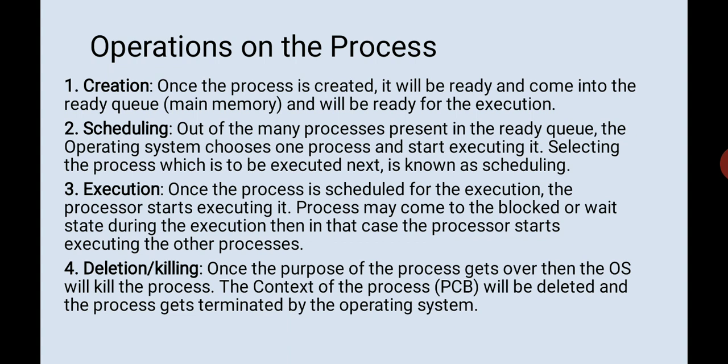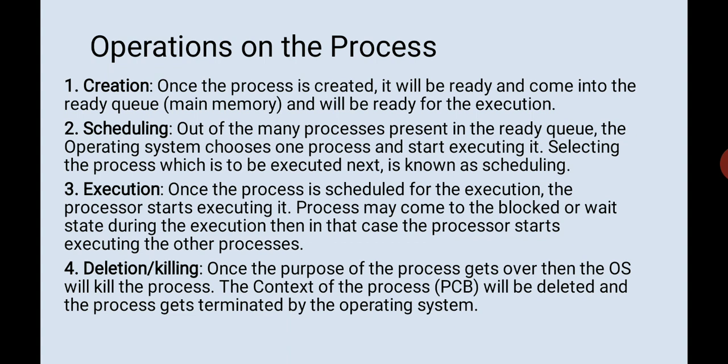Now we see what the operations are. The process was created. Scheduling is when the scheduler selects whose turn it is to get the CPU for execution. Execution is wherein the process starts executing. After execution, it may go to deletion without going to the waiting state, or it may wait, or some interrupts may come up, and then it will have to wait and again start executing.